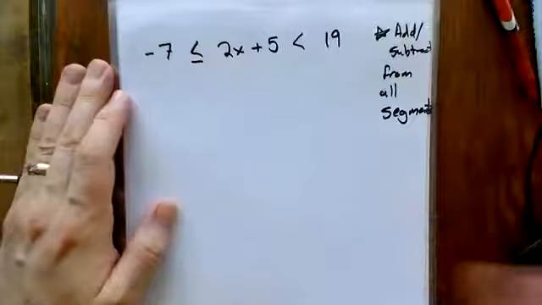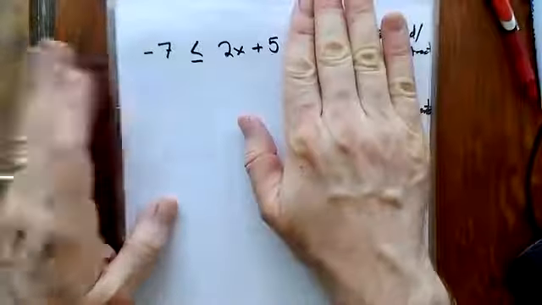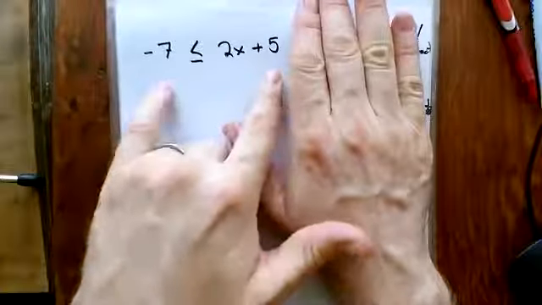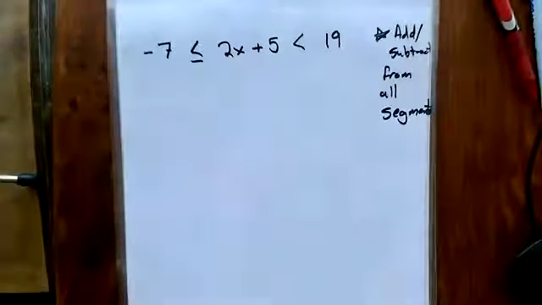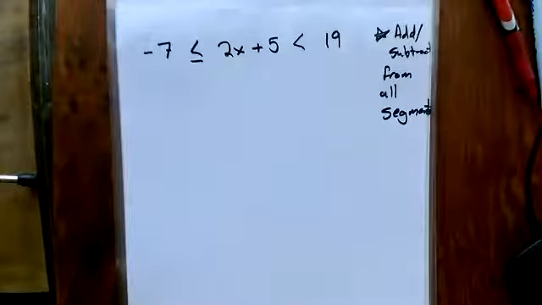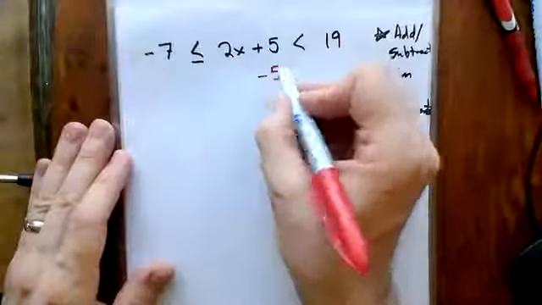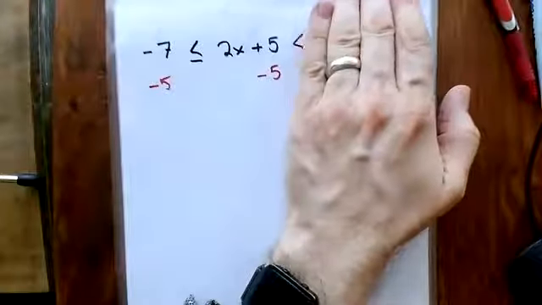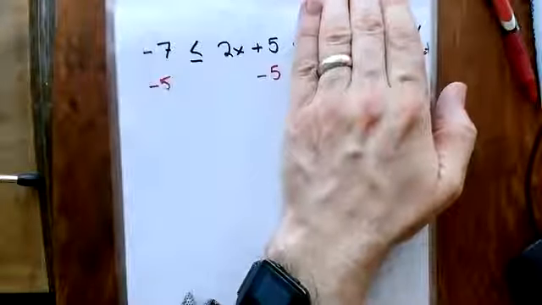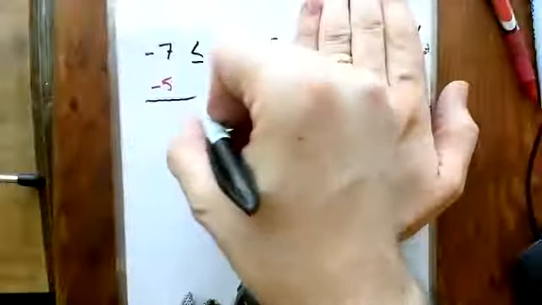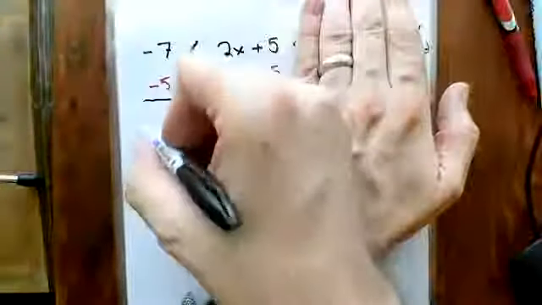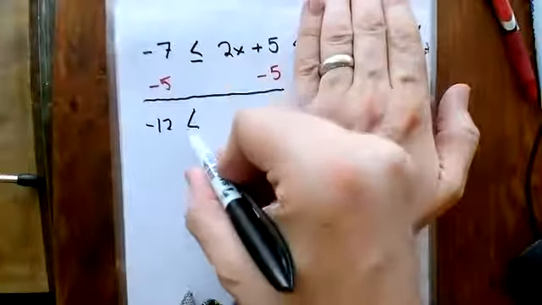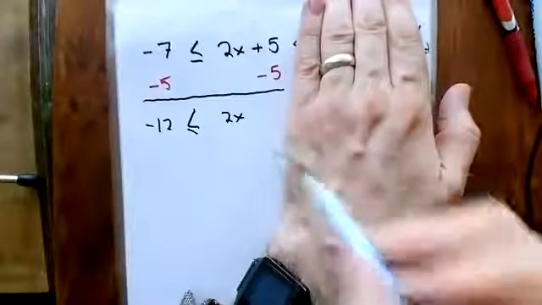So here, if I just had this inequality of -7 is less than or equal to 2x plus 5, I would just subtract 5 from both sides. I'd subtract 5 from that and that, and that would be how we would start to solve this one. This would be -12 is less than or equal to 2x.